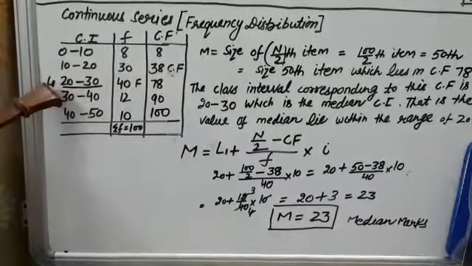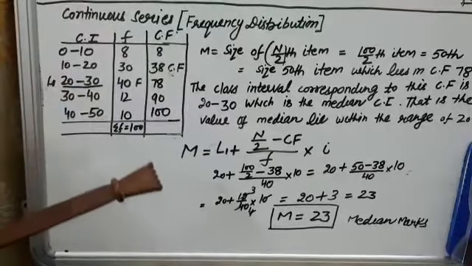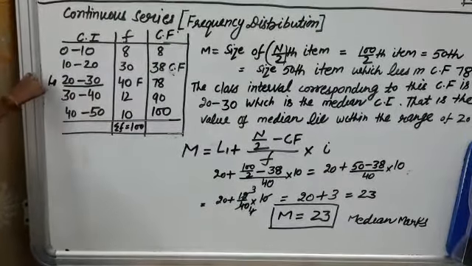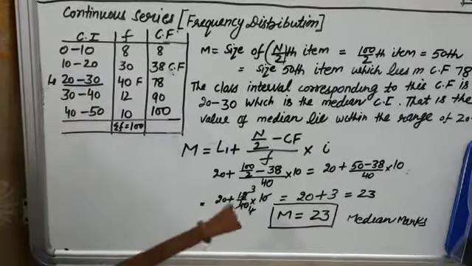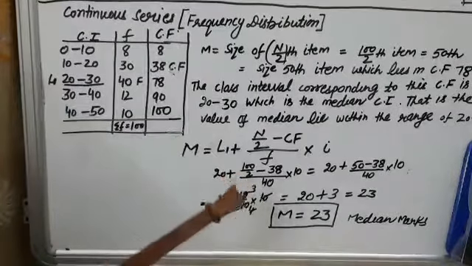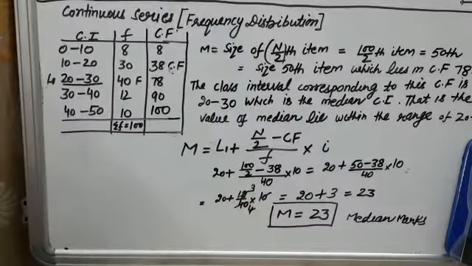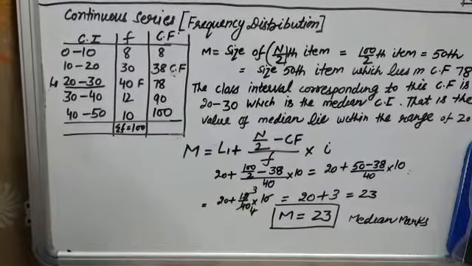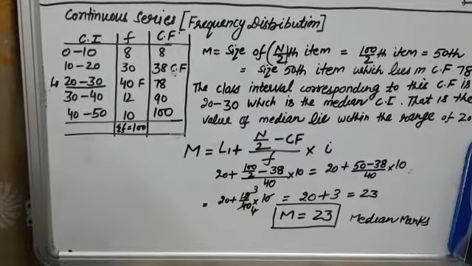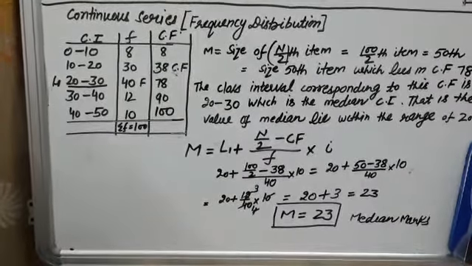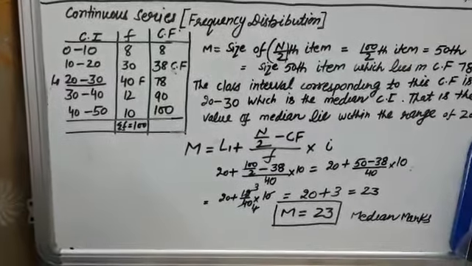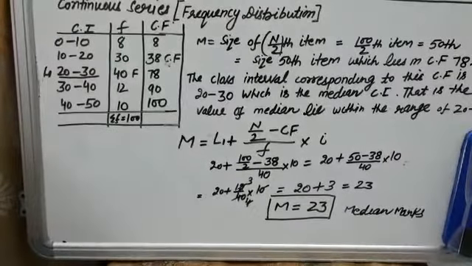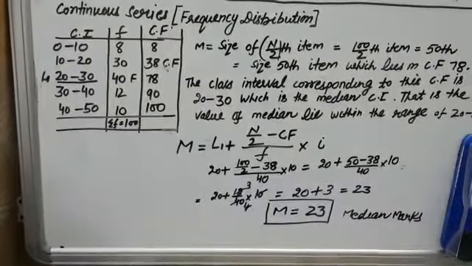L1 is the lower limit of the class interval, that is 20, and i is the magnitude of the class interval, which is 30 minus 20 is equal to 10. After putting the values, we get 20 plus (100 by 2 minus 38) upon 40 into 10. So in this way we get 20 plus 12 upon 40 into 10, which is 20 plus 3, so 23 is the median marks scored by the students.